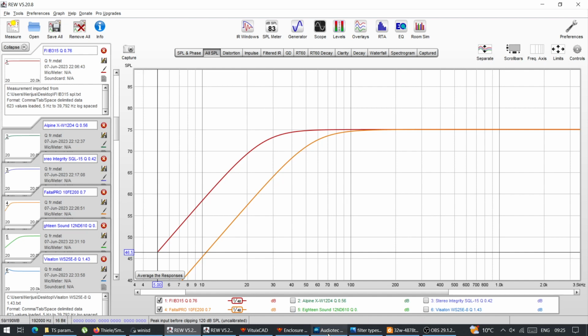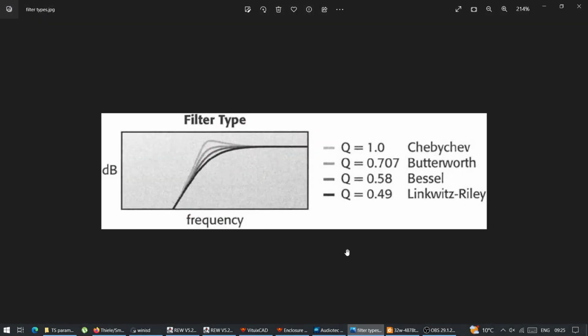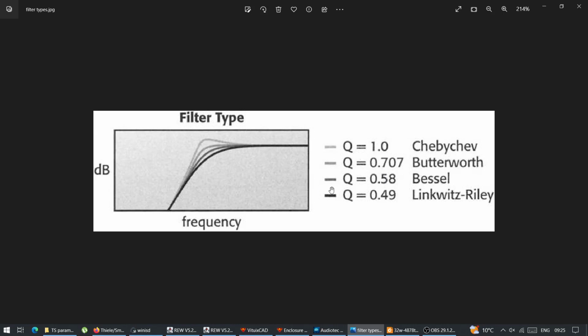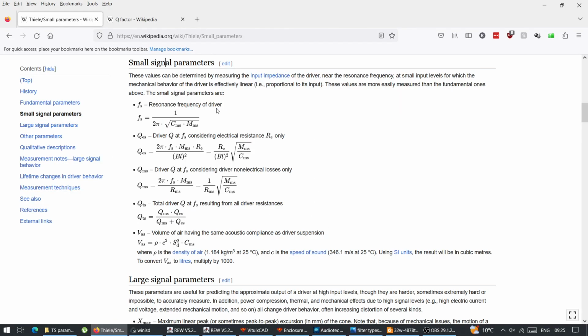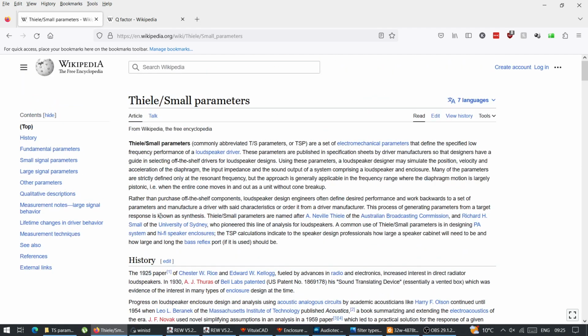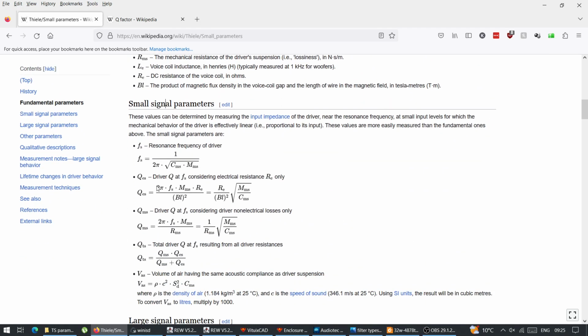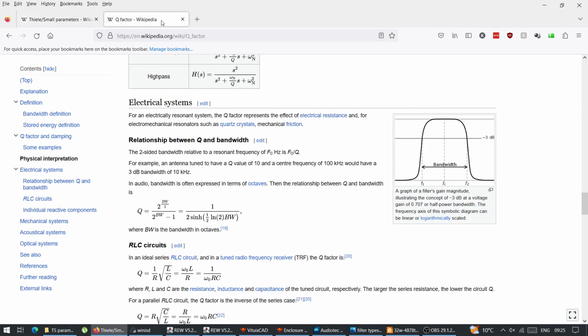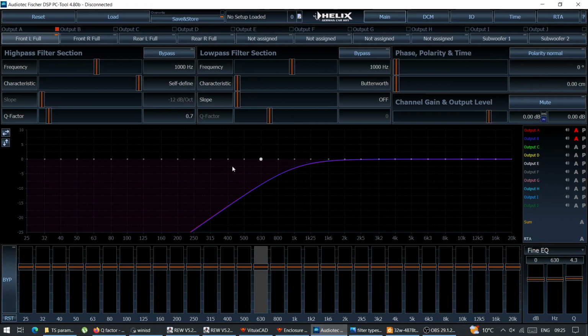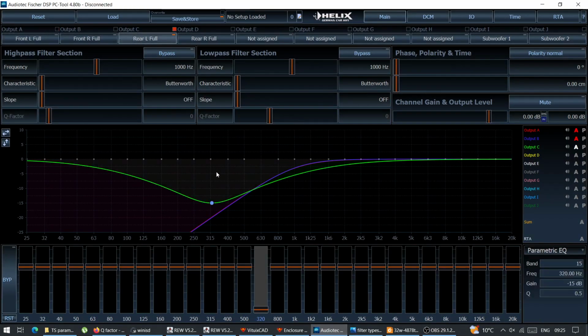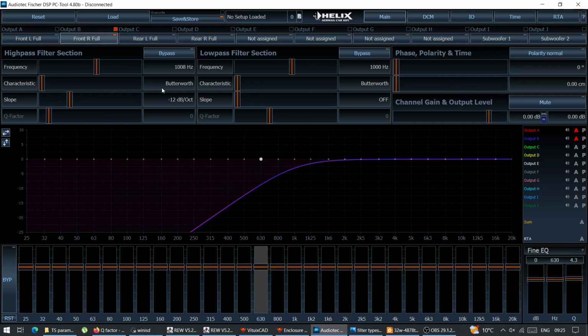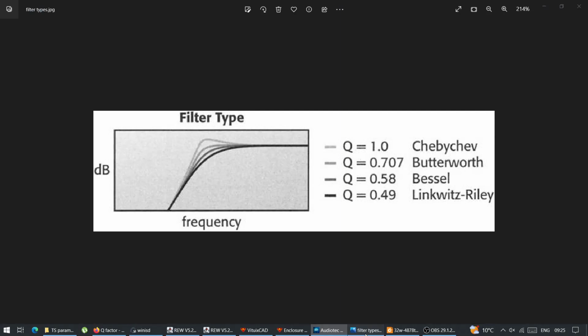So this for me was a very interesting thing, that you can tie the mathematical Q, this one, Q factor, to EQ. From EQ, I noticed that it is the same as the crossovers, and they do have predefined Q values.